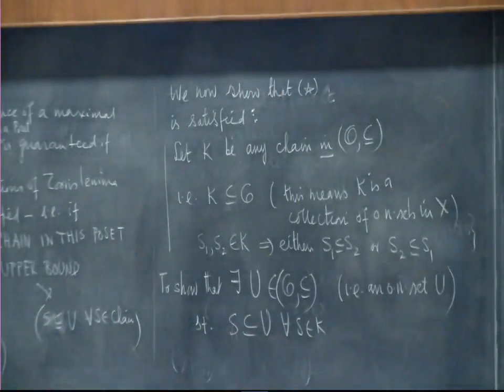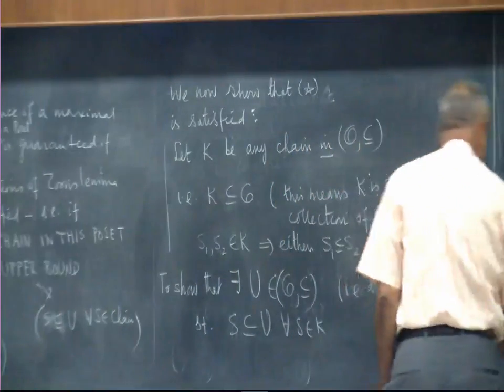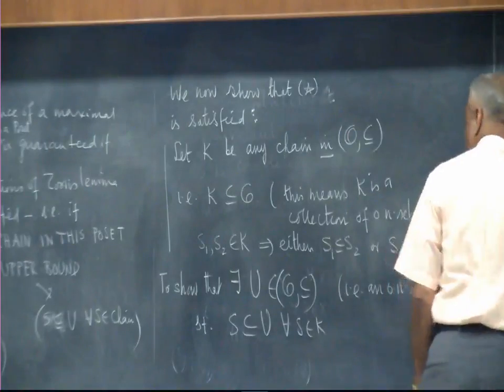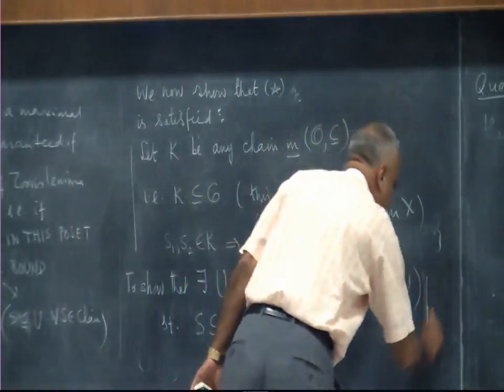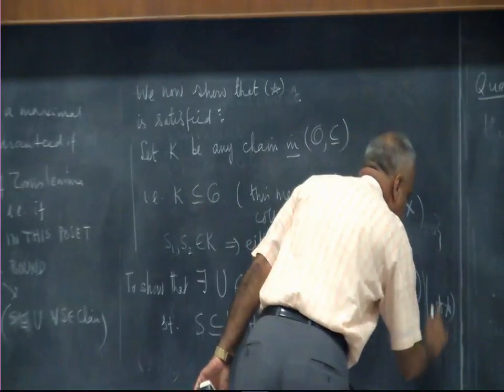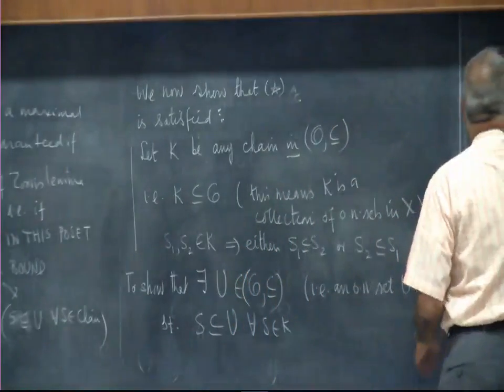Now, we are going to construct that upper bound. So, this is now our problem. Now, we show double star.